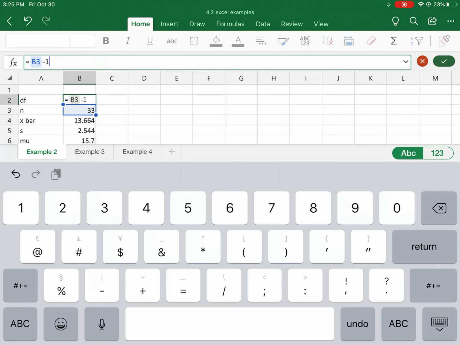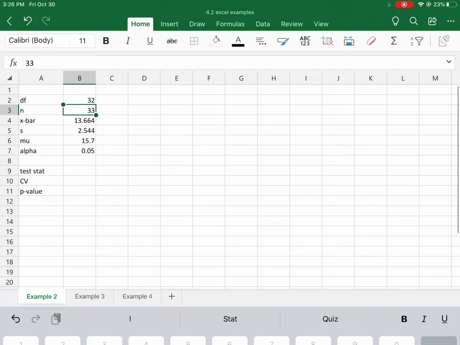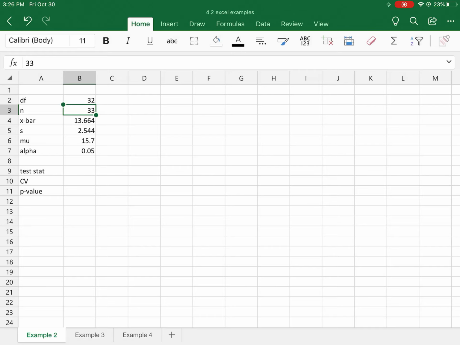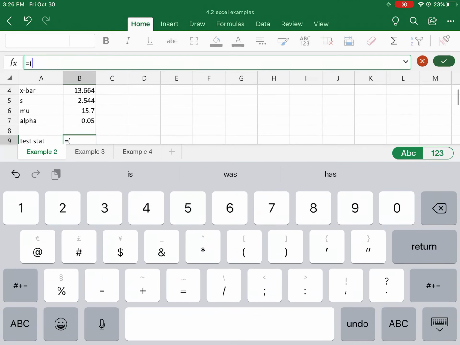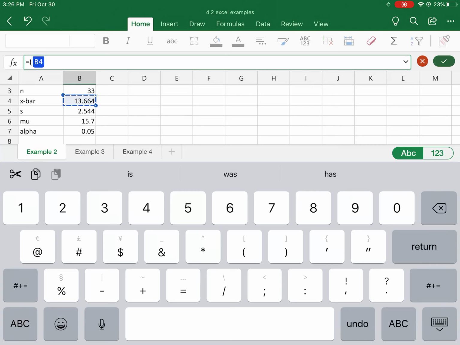Remember, we need that degrees of freedom. Remember, that's equal to n minus 1. Go ahead and enter. Okay, so what I'm going to do right now is I'm going to find my test statistic. So that is equal. Make sure I use my parentheses.